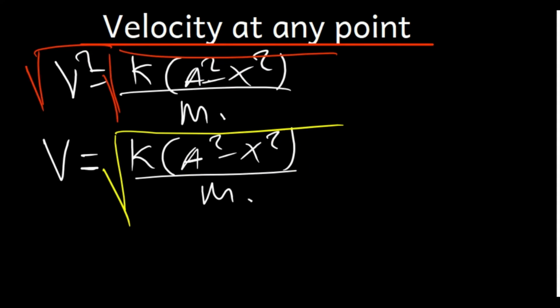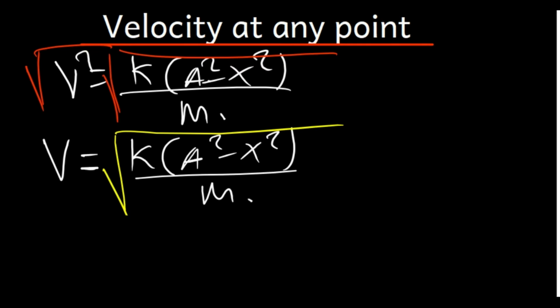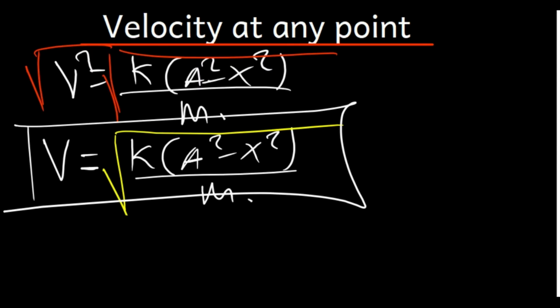So this is the same as v equal to the root of k over m times the root of a squared minus x squared. But sometimes this one can confuse you, so you can just leave it as it is. This is going to be the final formula for finding the velocity at any point. So at any given point, as long as you have the value of x, you can find the velocity using this formula.